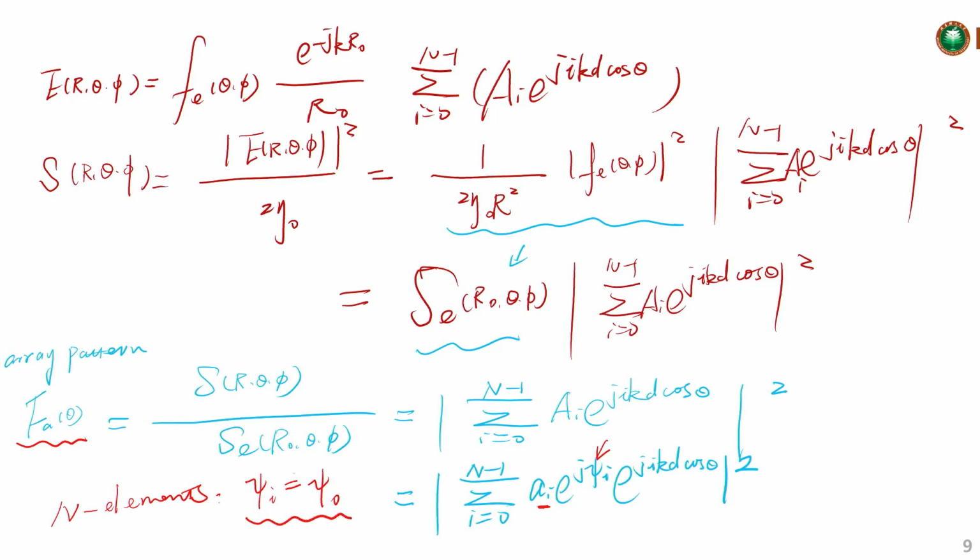Assume such a condition, and let me rewrite the array factor. So we can put the array factor e^(j psi node) always, alright?